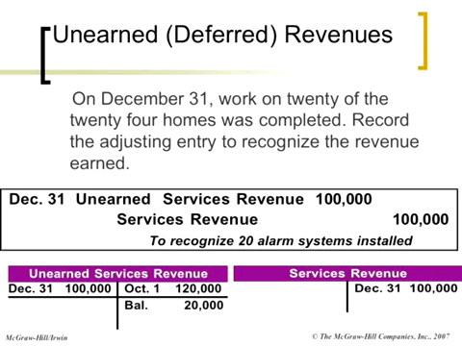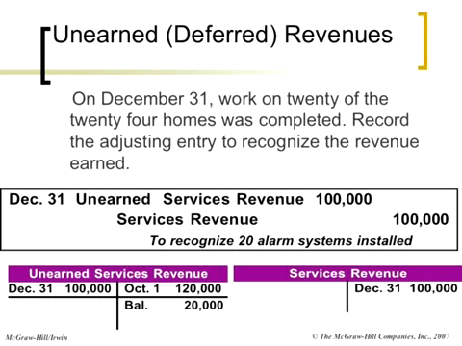This means that the company will be earning $5,000 per alarm system, or $120,000 divided by 24. Since work was completed on 20 homes, the company will recognize $100,000, which is equivalent to the 20 completed homes multiplied by $5,000 each. Let's post the adjusting entry so we can look at the balances in the ledger account.